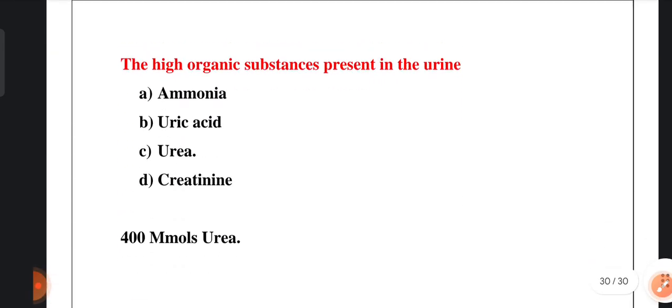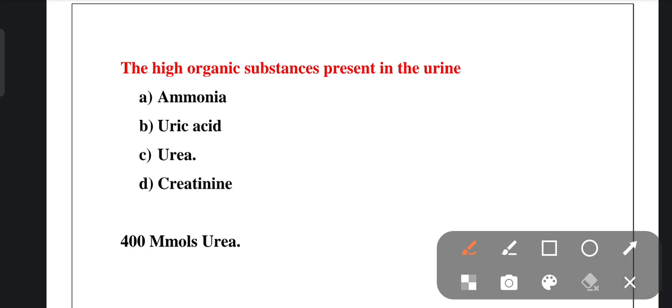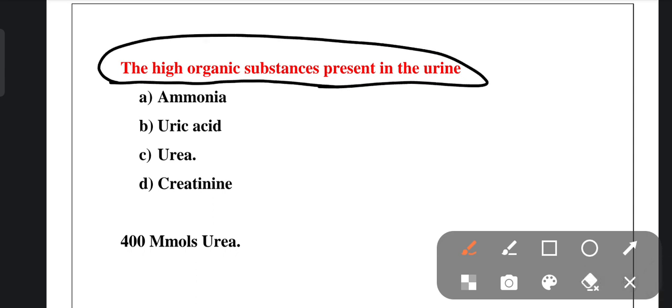The last question is about the highest organic substance present in the urine. In the urine there will be different types of electrolytes and waste products. Which one is in the higher concentration?